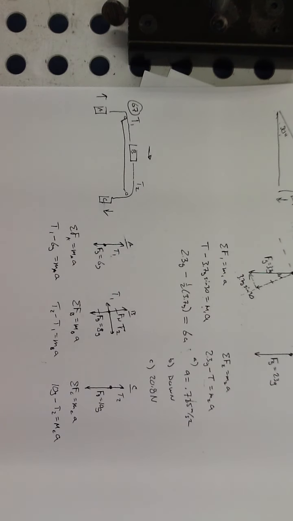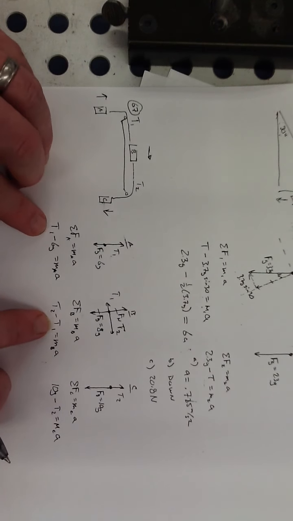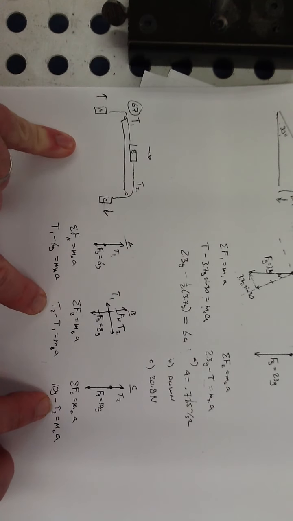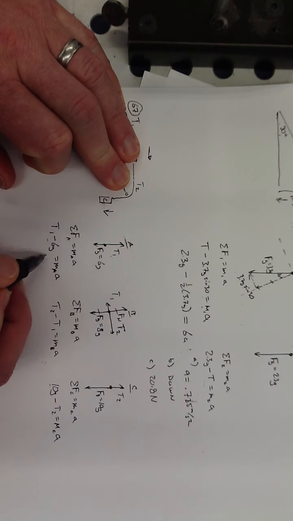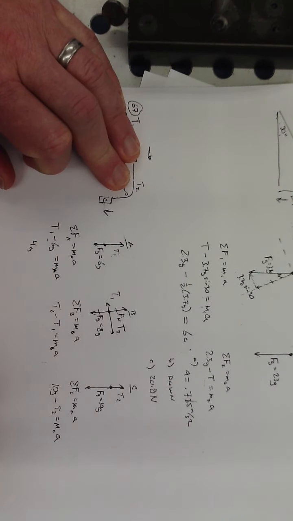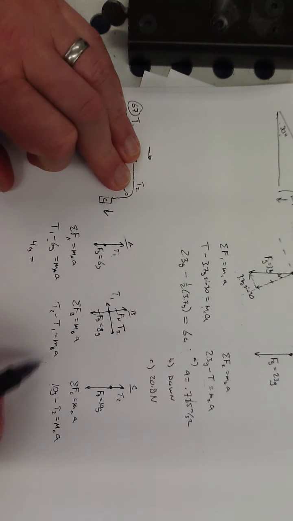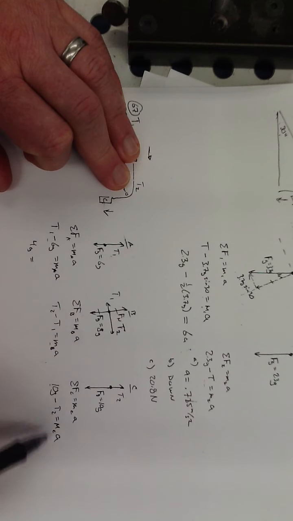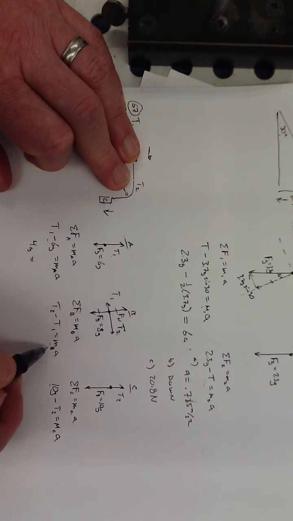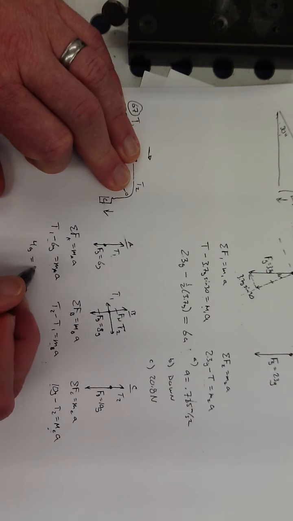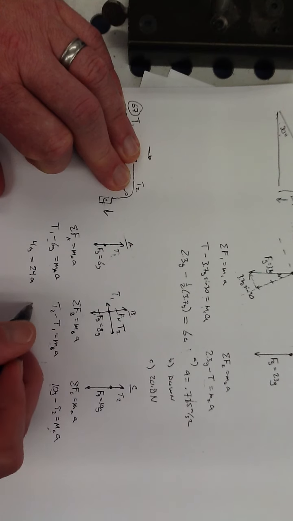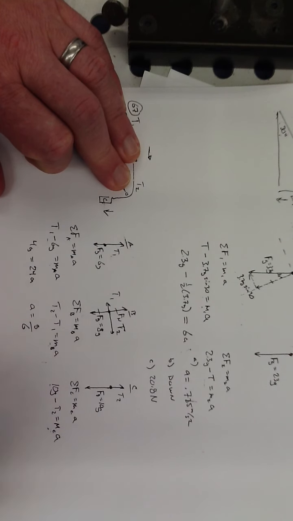And add up the three equations. T1 is going to cancel out. T2s are going to cancel out. So it looks like I have 10G minus 6G, or 4G on that side. And then on this side I've got mass A, B, C, all times A. So A plus B plus C, the total mass is 24 times the acceleration. So it looks like the acceleration is going to be G over 6.